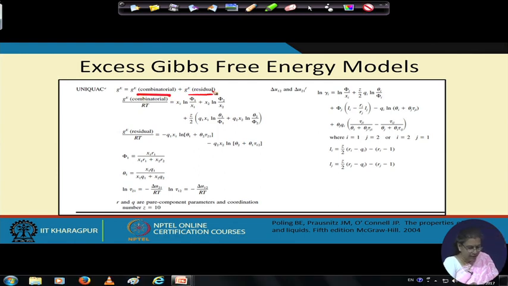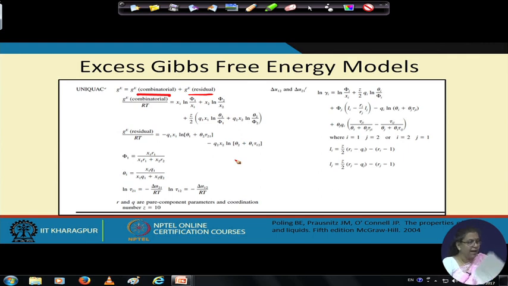The combinatorial part accounts for the composition, the size and shape of the constituent molecules, and it comprises pure component properties only. The residual part accounts for intermolecular forces and it contains two adjustable parameters.